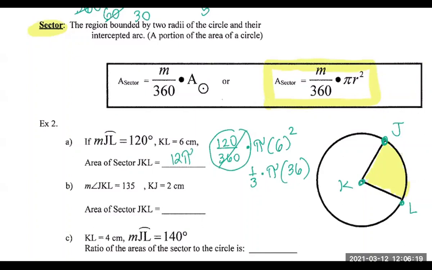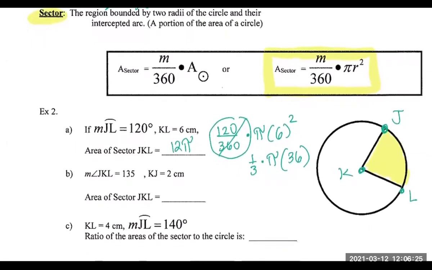So reduce the fractions along the way, making sure it's in simplified fraction form. Okay, for part B, notice the difference is that for A, they told you that the arc was JL. In the next problem, they tell us that the central angle is 135 degrees. These two are equivalent to each other. So whether they give you the angle or the arc measure, you do the same thing.